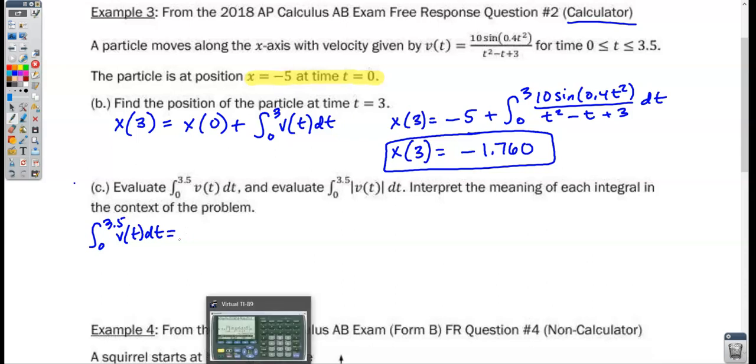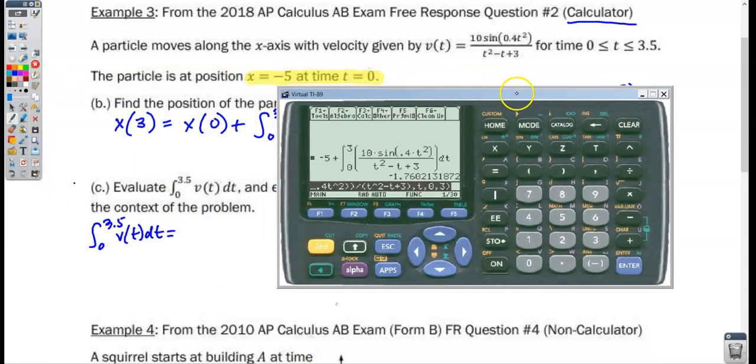Now I already have the integral set up in here, so I'm just going to delete some things off of here. What did I take before? I took the integral from 0 to 3, so now I just need the integral from 0 to 3.5. And I got rid of the initial position.